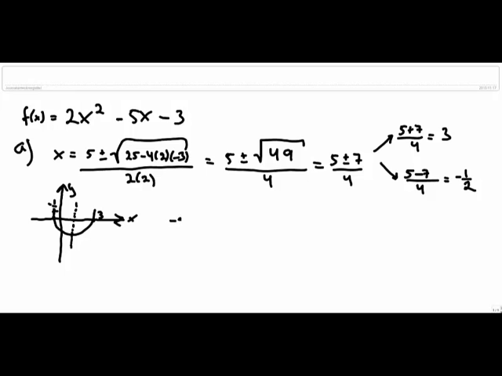So if we take minus a half plus 3, kind of a mean of these two values, the average, the middle of these two, if we make this into halves, it's going to be plus 6 halves, which is 5 halves, divided by 2, which is 5 fourths.